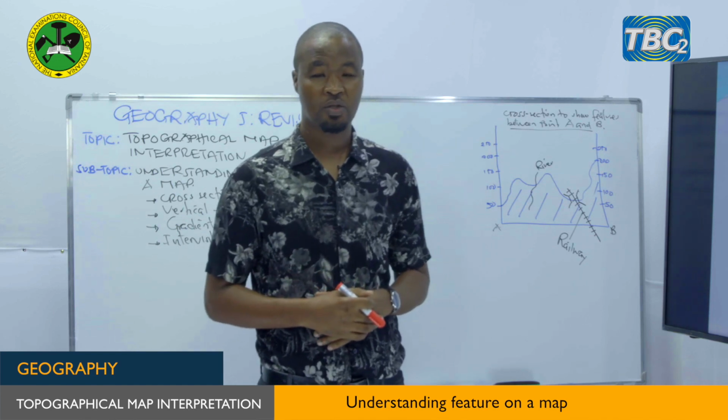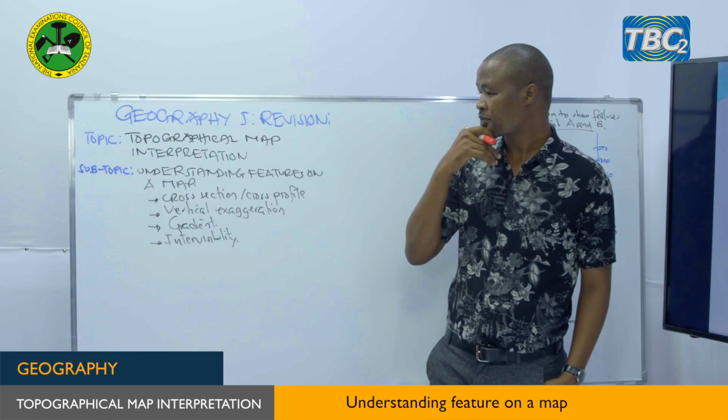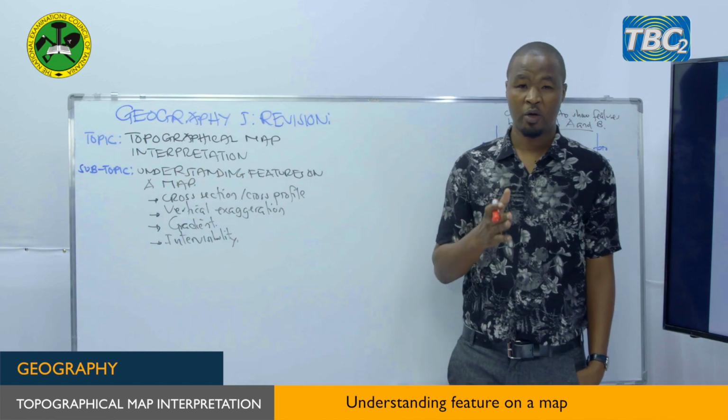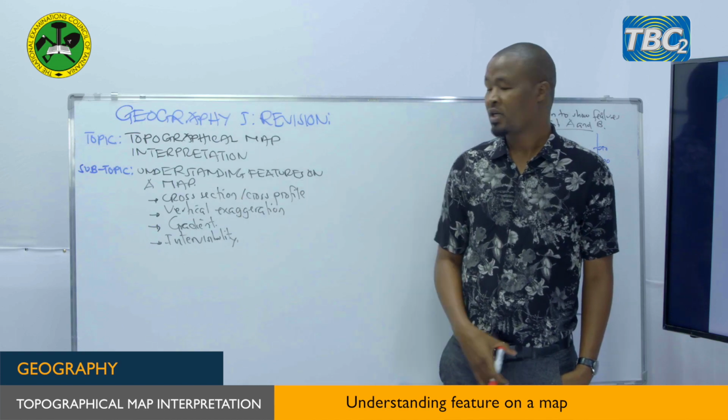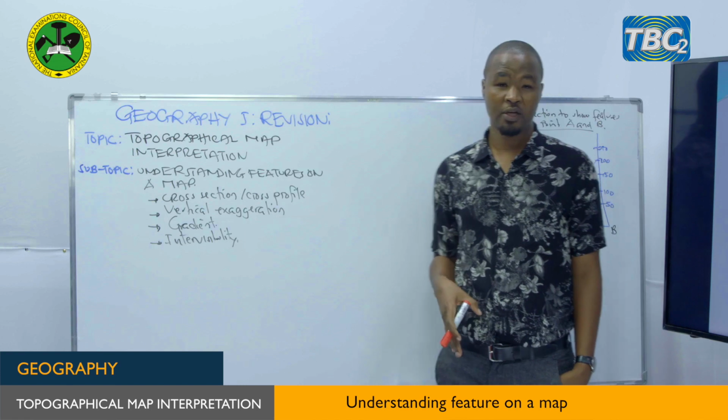I am a geography teacher, and today we are going to study topographical map interpretation, subtopic understanding features on a map. We are going to focus on what we call the cross-section or the cross profile, and see how to draw it.